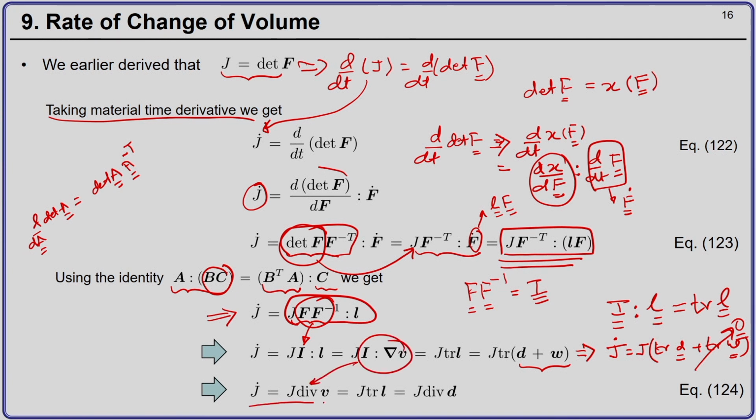So, J dot is J divergence of V, which equals J trace of L, which equals J trace of D.